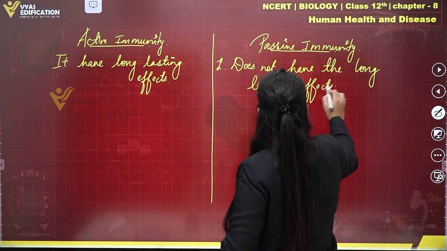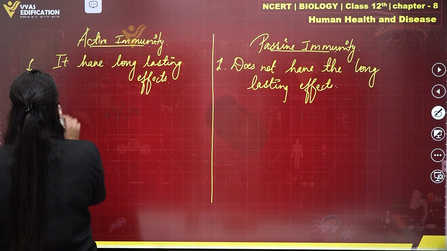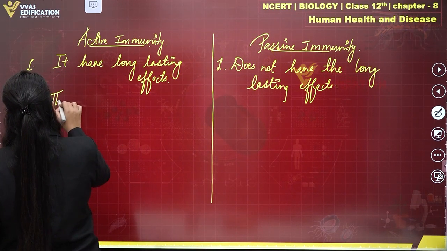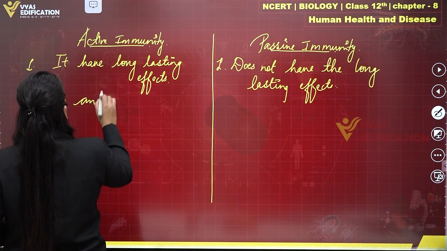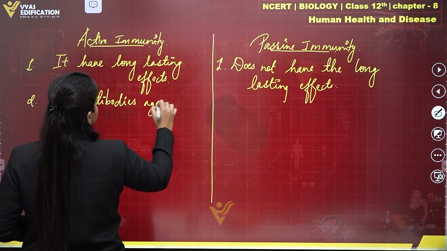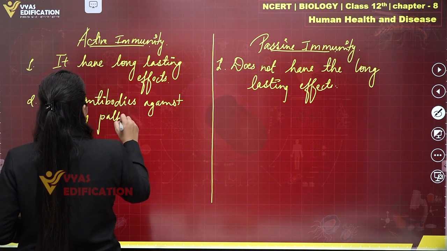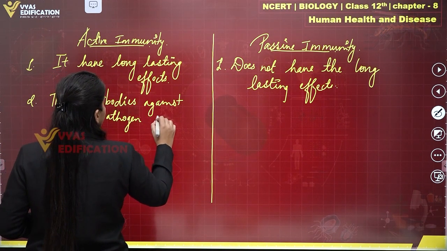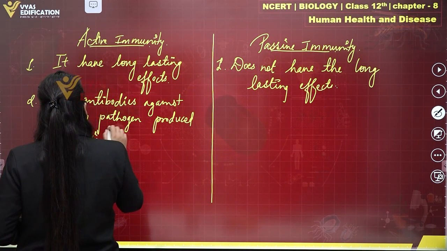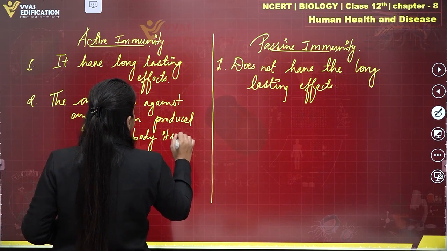Right? Now, the second point to differentiate these two is that in active immunity, the antibodies against any pathogen are produced in the body itself, right?